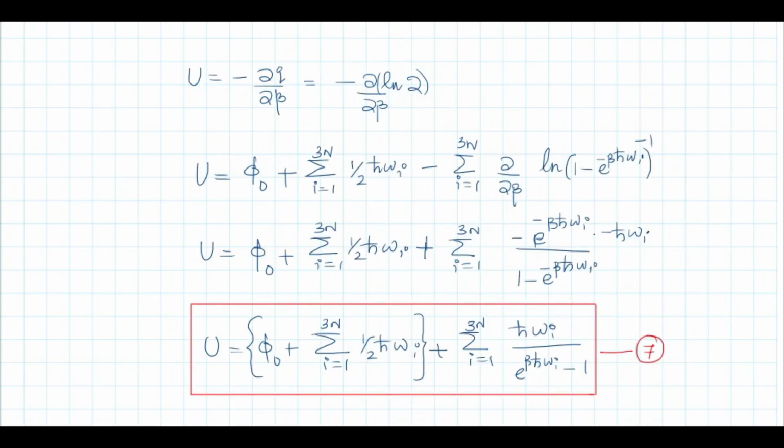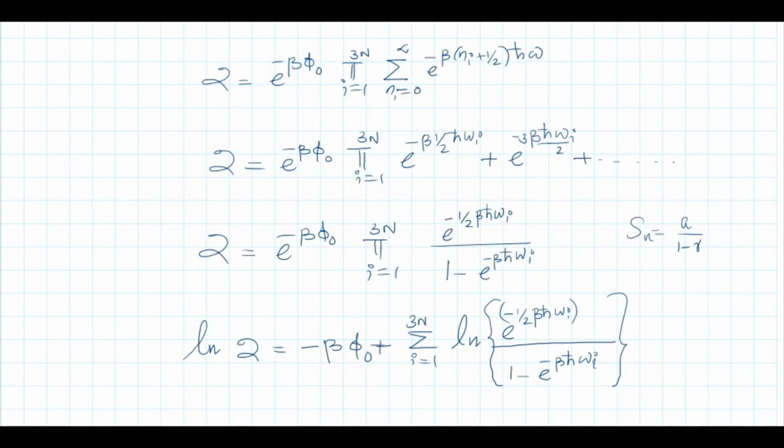Now internal energy U is minus dou Q by dou beta. Q is grand potential and it is minus dou by dou beta of log zeta, because grand potential is logarithm of grand partition function. So take dou by dou beta of this term with a negative sign.